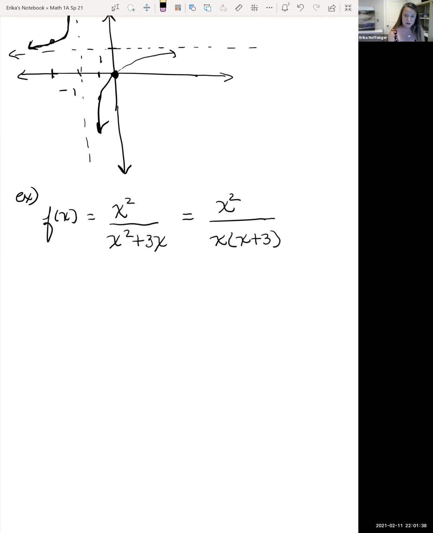So before we start canceling like factors, we have to exclude all values that set the denominator equal to 0. So x cannot be 0, and x plus 3 cannot be 0, so that means x cannot be -3. So I know that there's going to be a discontinuity here.